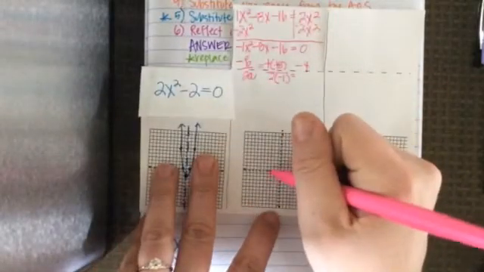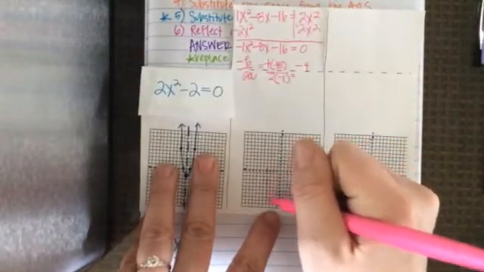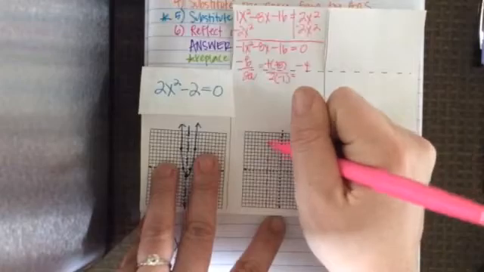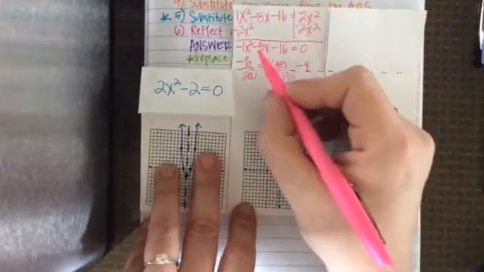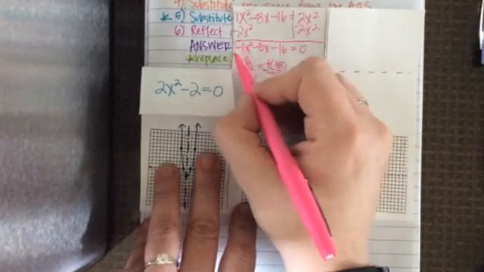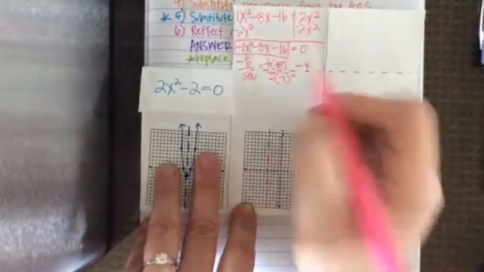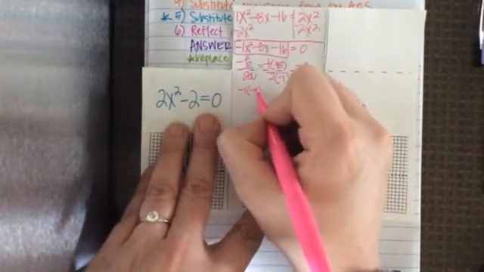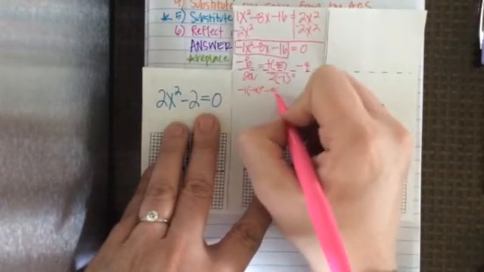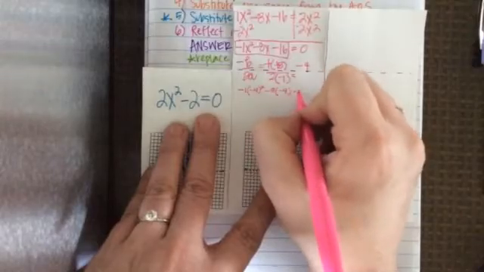So my axis of symmetry is at negative 4. I'm going to substitute negative 4 back into my problem right here. Negative 1 parentheses negative 4 squared minus 8 parentheses negative 4 minus 16.